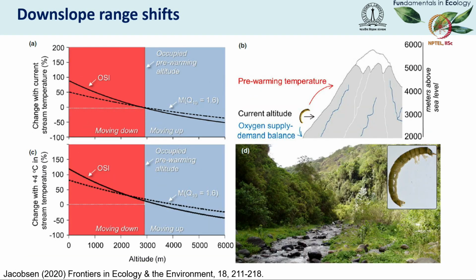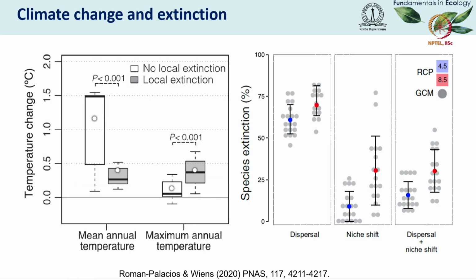So you could actually see downslope range shifts for some of these organisms. Climate change has caused local extinctions of species in certain habitats.